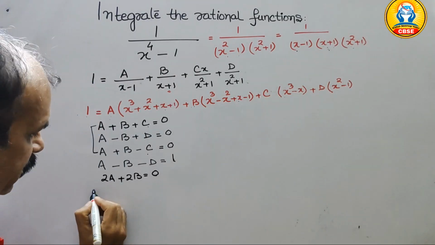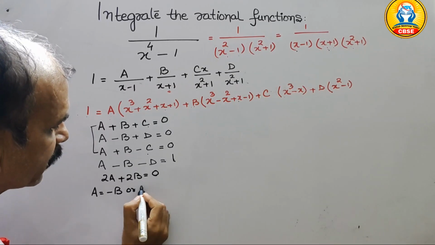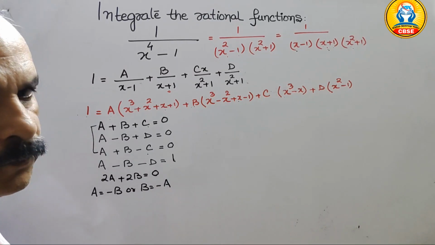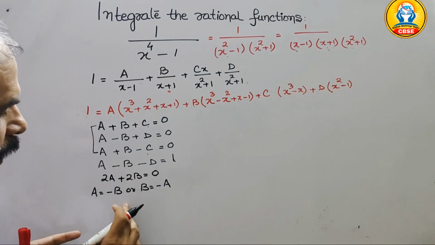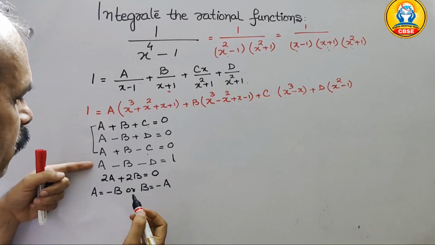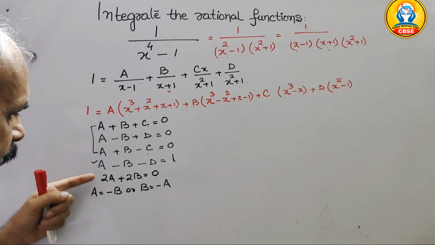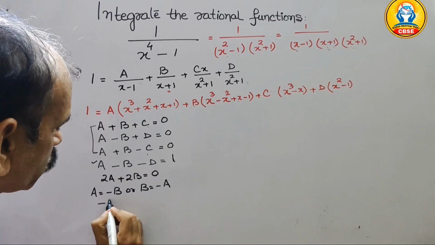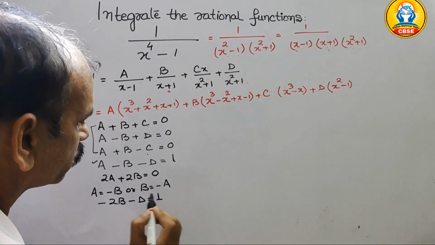Therefore A is equal to minus B, or B is equal to minus A. Now we can substitute here: A is minus B, so minus 2B minus B is equal to 1.